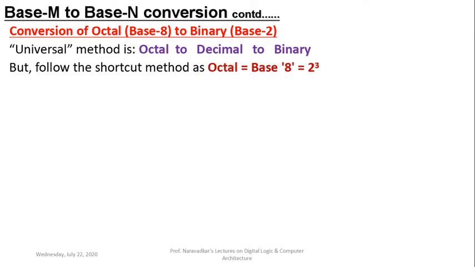But again, we follow a shortcut method because we have a correlation between their corresponding bases. Octal is base 8, which is equal to 2 to the power 3.